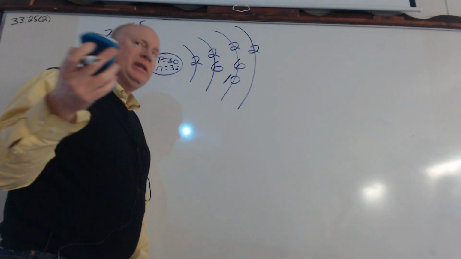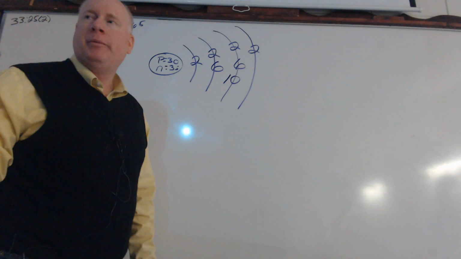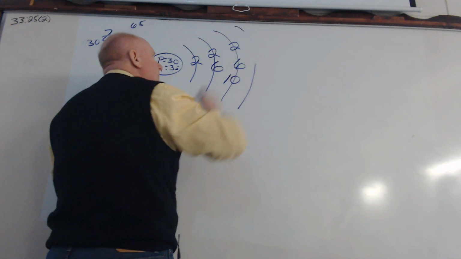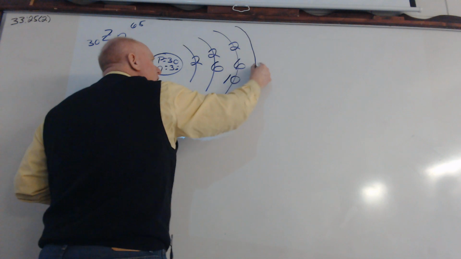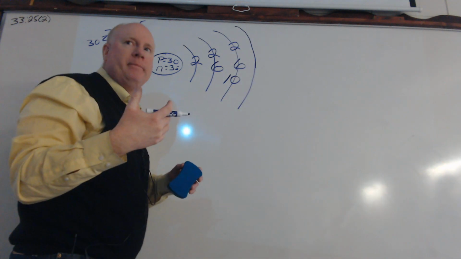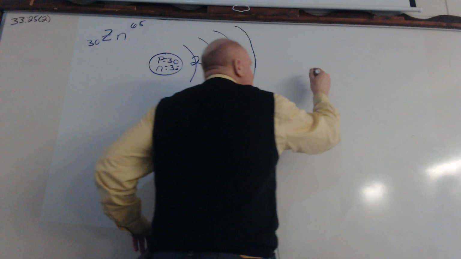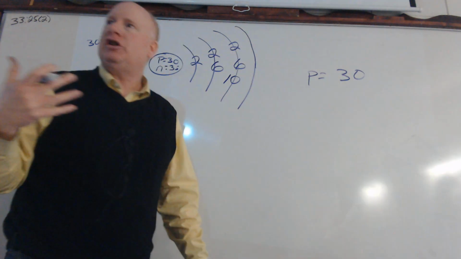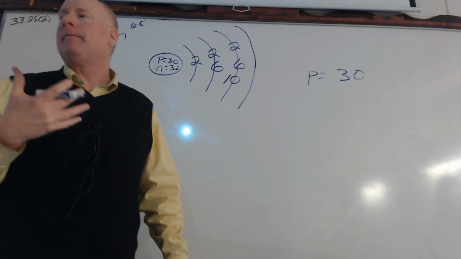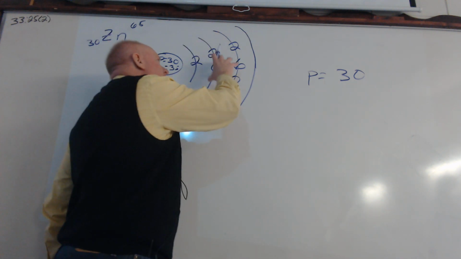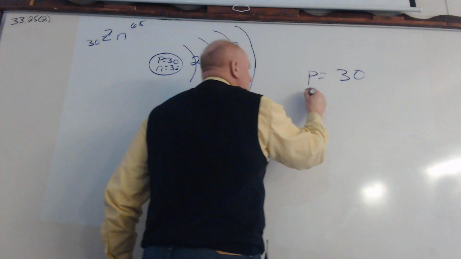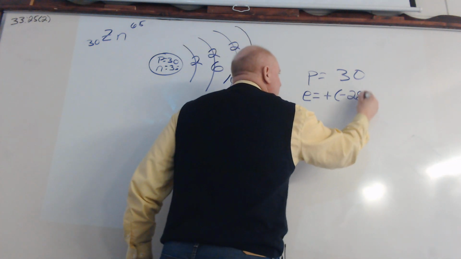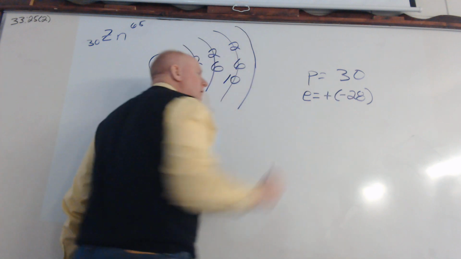So this is why we say electrons determine an element's reactivity. If we do this, okay, those 2 electrons are gone now. Okay? So we've got this many positive charges. That will never change with any zinc atom. But now, how many numbers do we have here? Now, again, this is not a value.